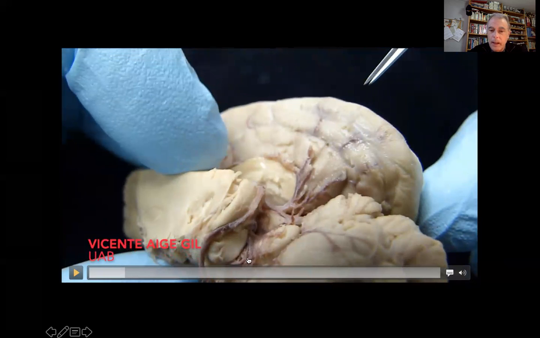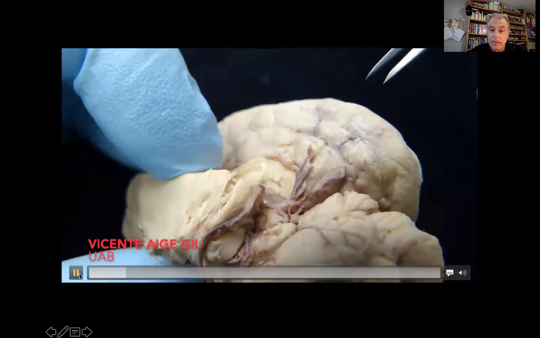These branches here belong to the caudal branch of the caudal cerebral artery, and as you see, ramifies on top of the mesencephalon.